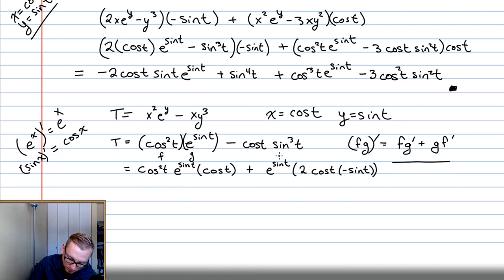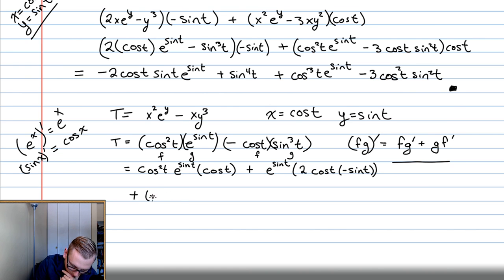Now we do it again using the second part. So plus, F would be our negative cosine of t and G would be our sine cubed t.